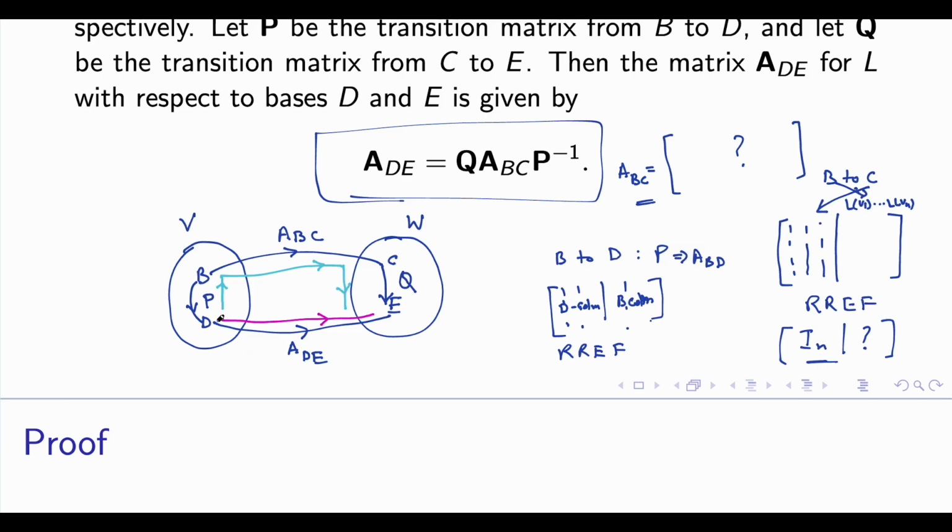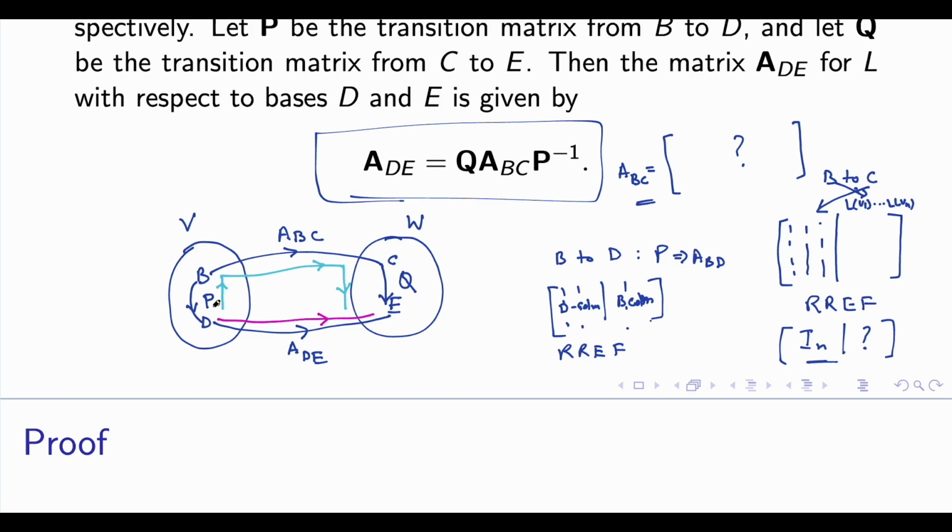I want to go from D to E, so I have two paths. One path is this cyan-colored one: from D to B, then B to C, and then C to E, right?